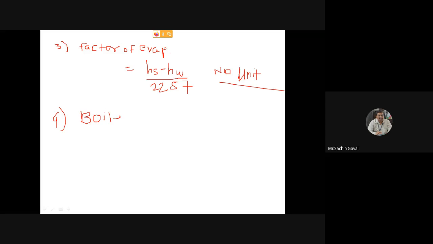Boiler efficiency. I will tell the formula for boiler efficiency, eta boiler. First of all, we will define boiler efficiency.